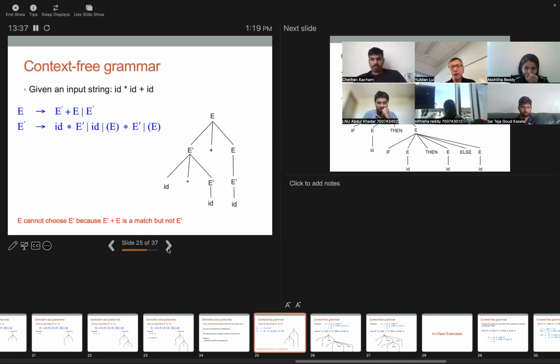So let's see why this is the case. The input is ID times ID plus ID. So we start with E, the start symbol. First we must choose E prime plus E, because it matches part of our input, whereas E prime alone does not.